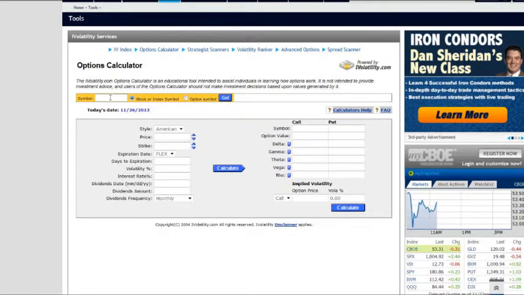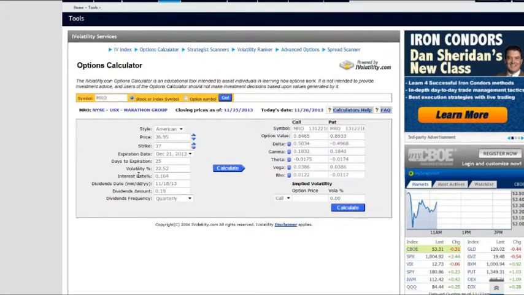If we put in MRO for kicks and giggles, notice down below, they account for the dividend: the dividend date, the month, and the dividend amount, 19 cents. That's going to affect the value of that option.